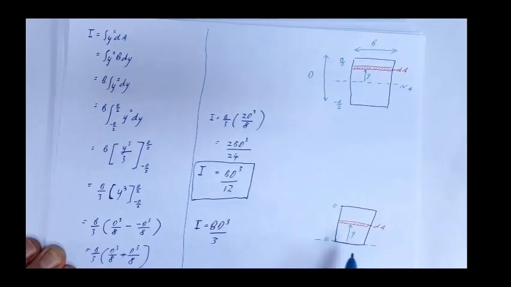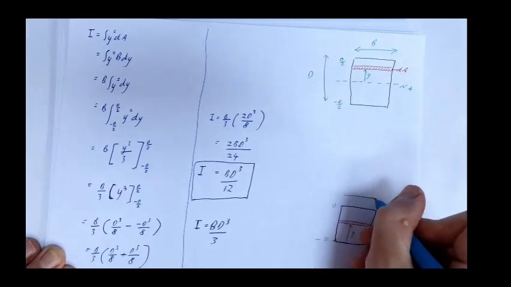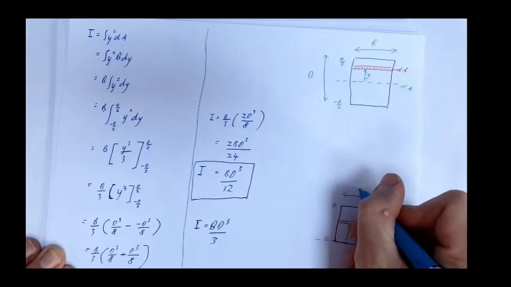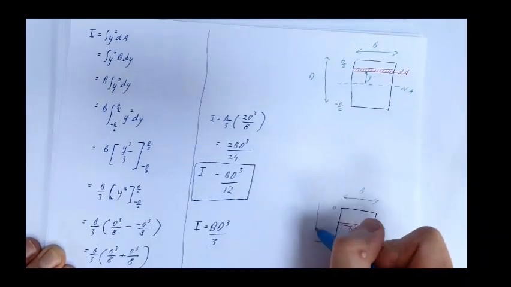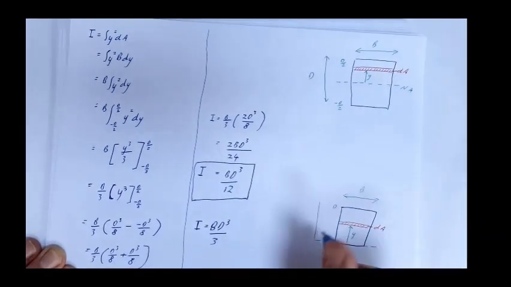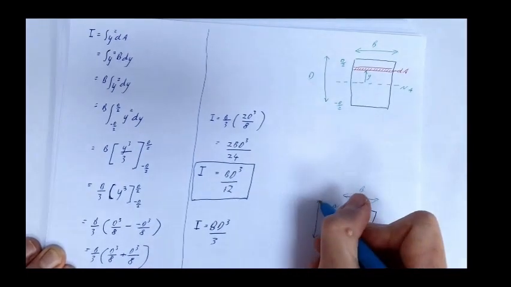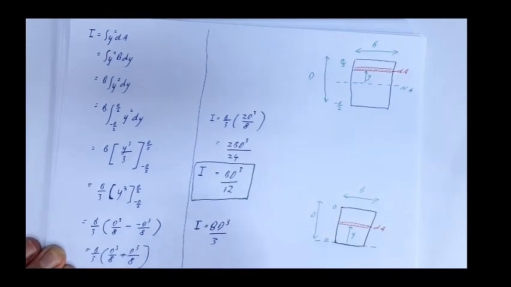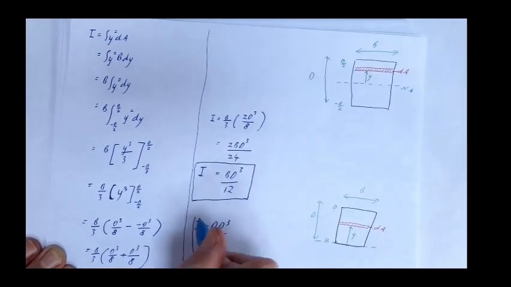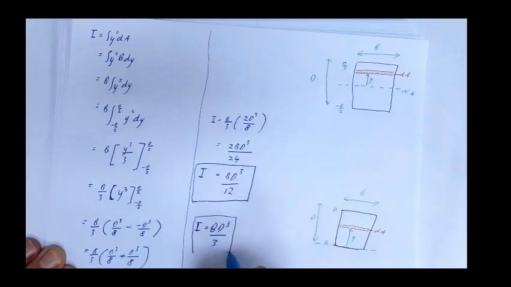So when we're calculating the second moment of area of a rectangle around an axis on the edge of that rectangle, if that rectangle is b meters wide, breadth parallel to that axis, and depth perpendicular to that axis, okay, but this time my axis is on the edge of the rectangle, we're going to end up with I equals bd cubed over 3.